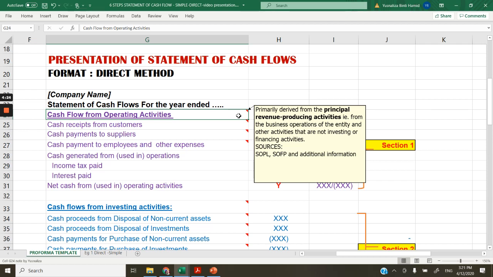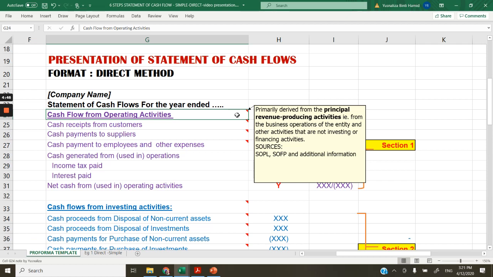Not necessarily revenue, it can also relate to whatever payments that you need to meet as part of your business operation activities. So it is derived mainly from the revenue producing activities, but these will not include investing and financing activities.